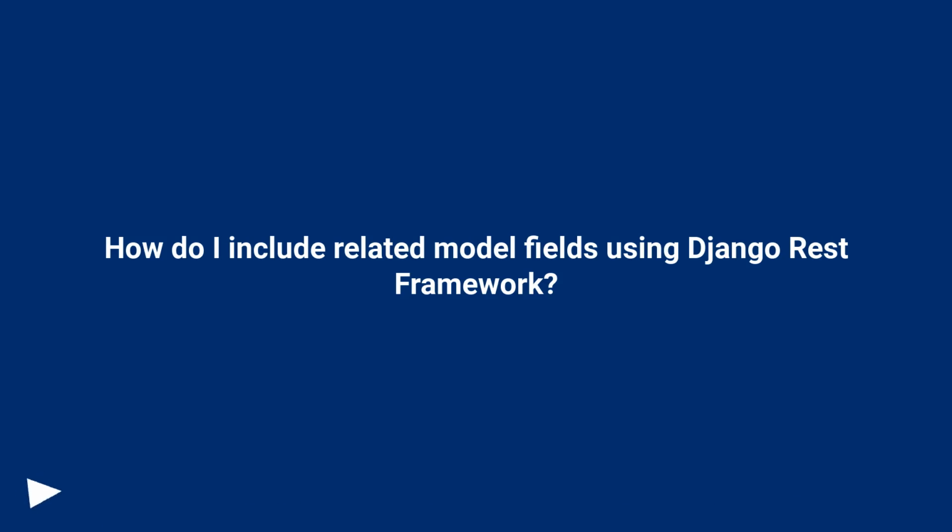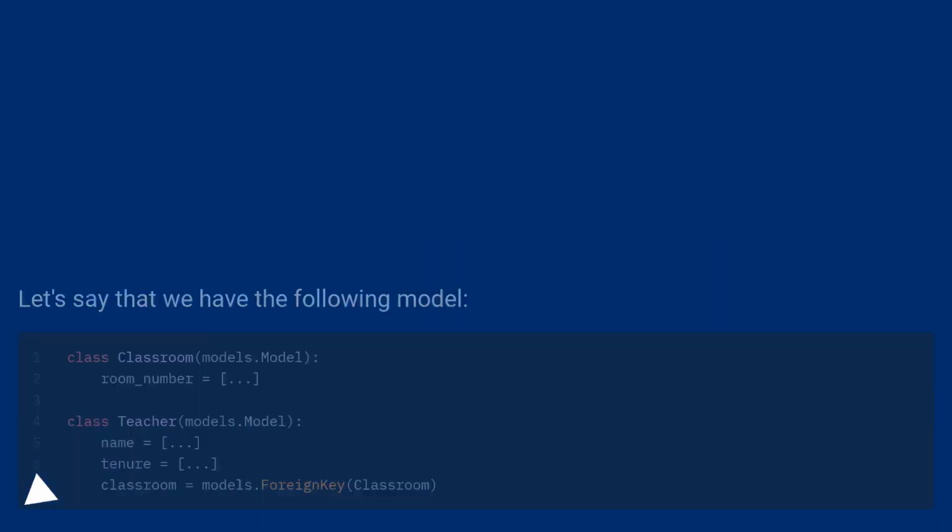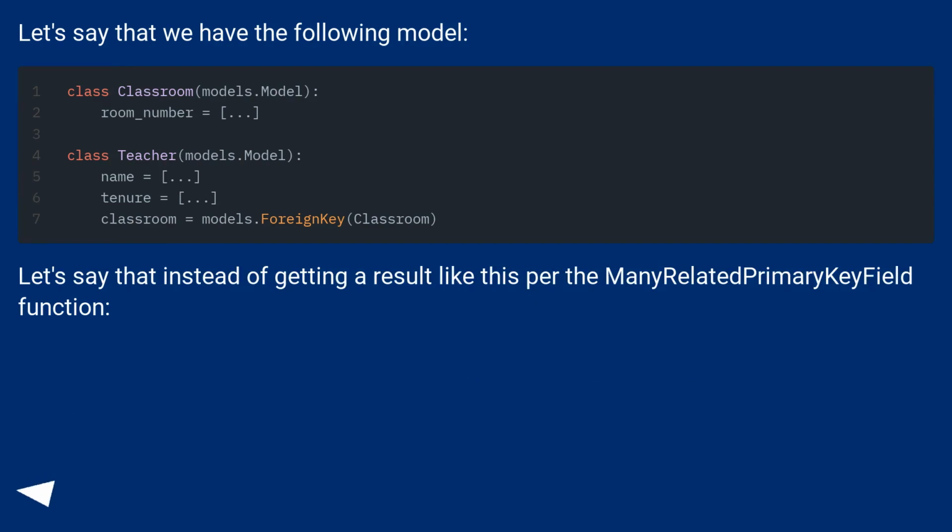How do I include related model fields using Django Rest Framework? Let's say that we have the following model.